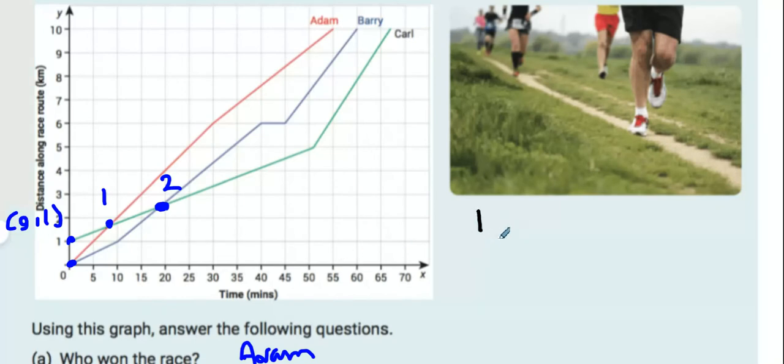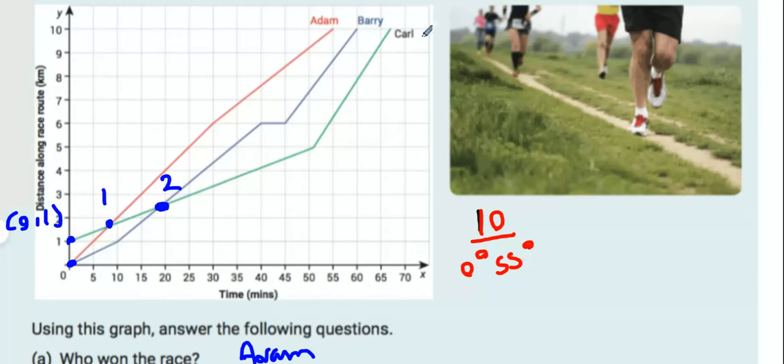All right, let's do it. 10 kilometers. I'll do Adam first. It's 10 divided by what? What's his, 55 minutes? So I'm going to do 0, 55.